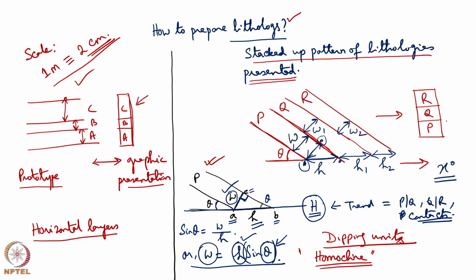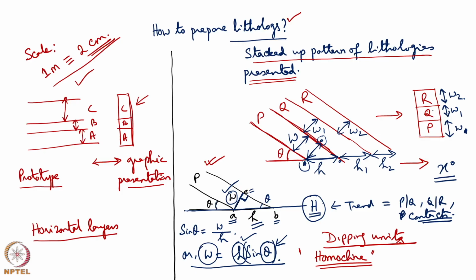Now, those will be plotted using a suitable scale in a graphic way as omega, omega 1 and omega 2. So, these are the orthogonal thicknesses, as if layers PQR were horizontal first and then got tilted. When it was horizontal, this would be the presentation.